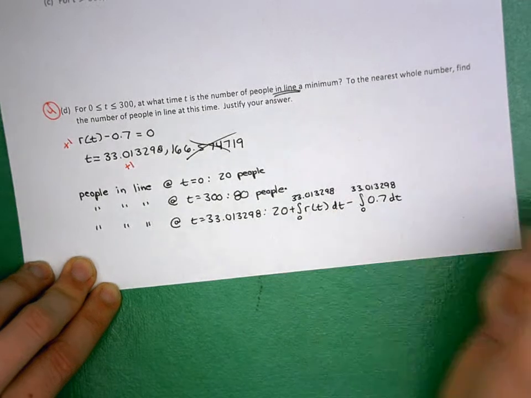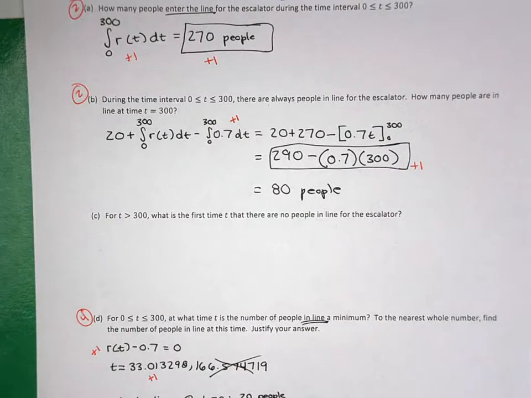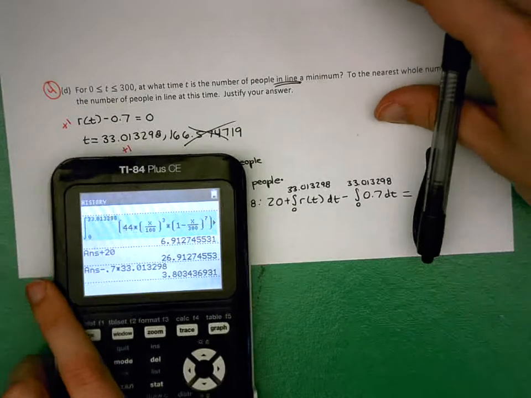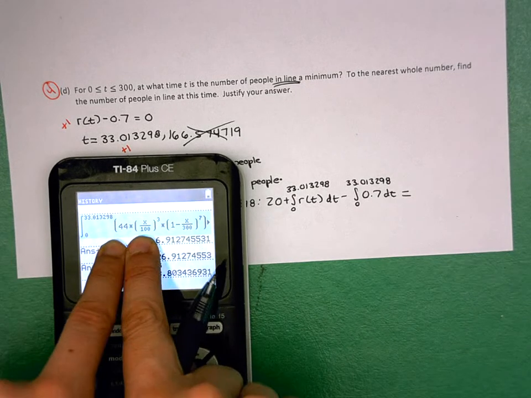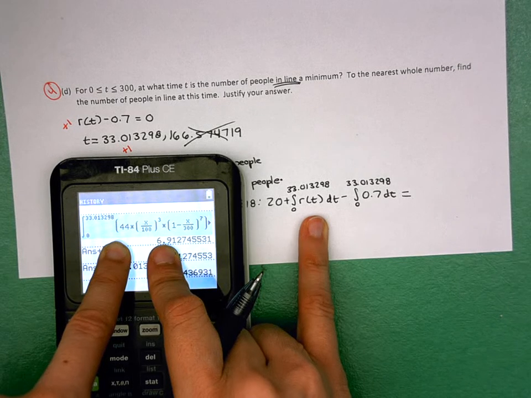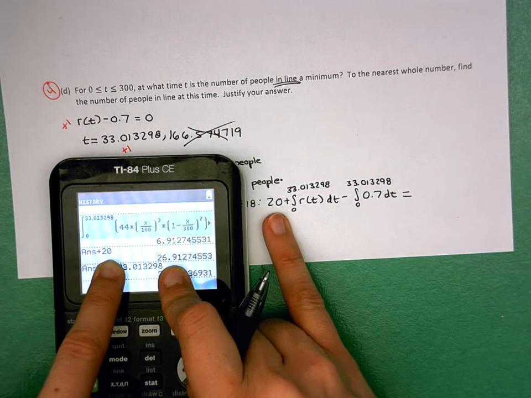Okay, which is, and I'll go ahead and show this because I also have this worked out already. So I did it in pieces within my calculator. You also could plug it in all as one if you wanted to, but I did the r of t piece. So I did that middle integral, got 6.9 yada. Then I added 20 to it for that plus 20 out front here to get that 26.